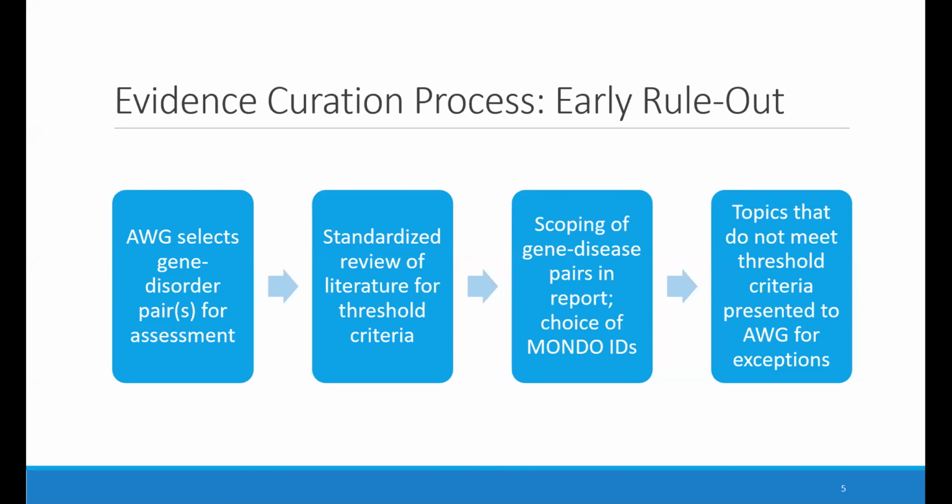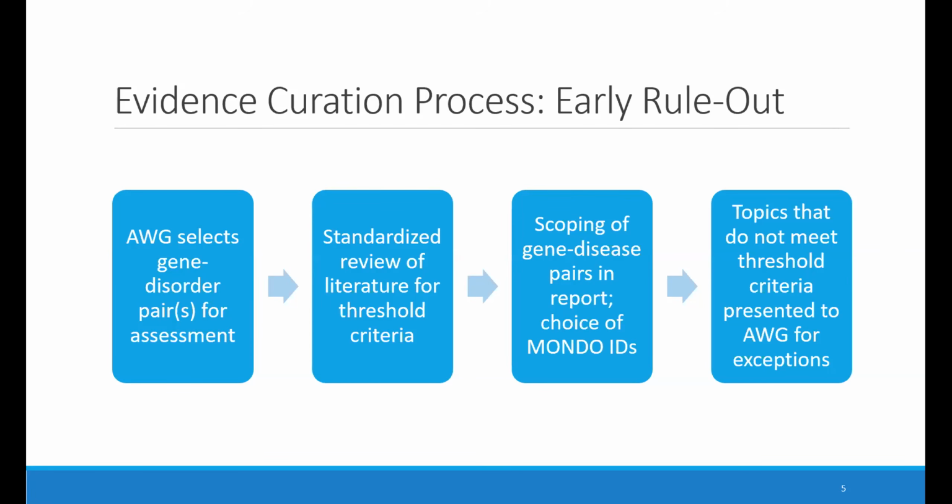And then those folks and us do some scoping of gene disease pairs in reports, because our reports are more about a topic. So for instance, I mentioned BRCA1, that report encompasses both BRCA1 and BRCA2 because the topic is hereditary breast and ovarian cancer. So it's often common for us to add gene disease pairs to a given report.